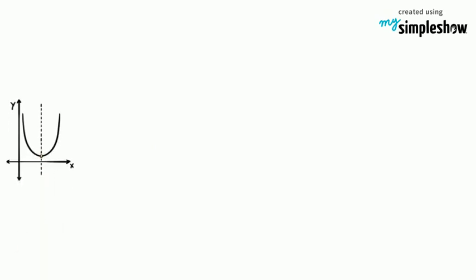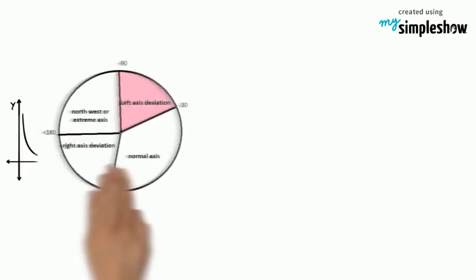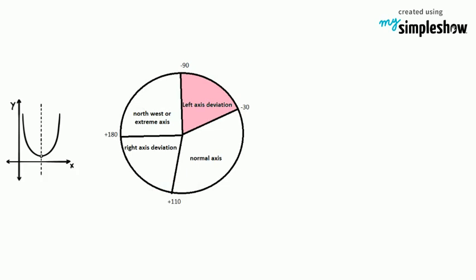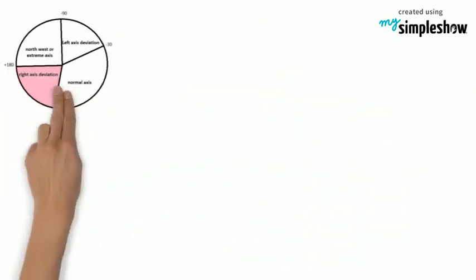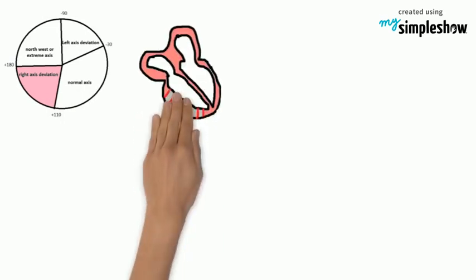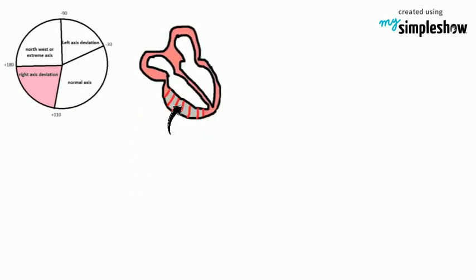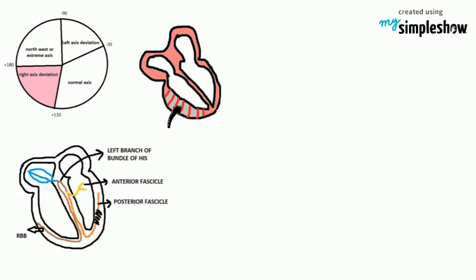An axis of -30 degrees or more negative is left axis deviation, and 100 degrees or more positive is right axis deviation. Causes of right axis deviation are right ventricular hypertrophy, left posterior hemiblock, WPW syndrome and dextrocardia.